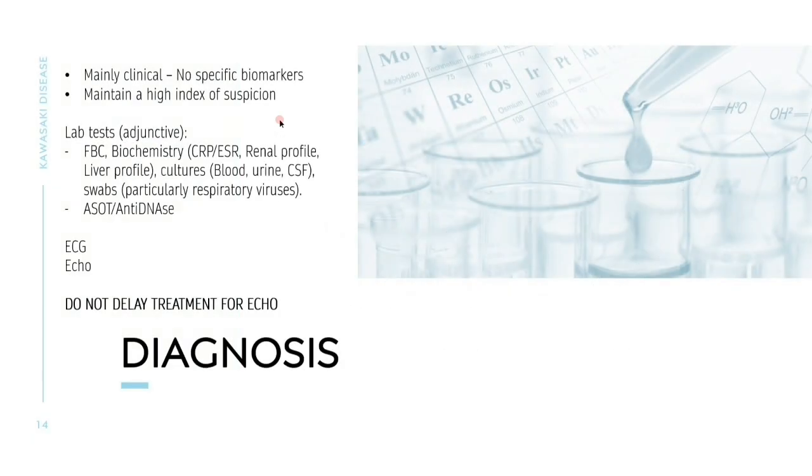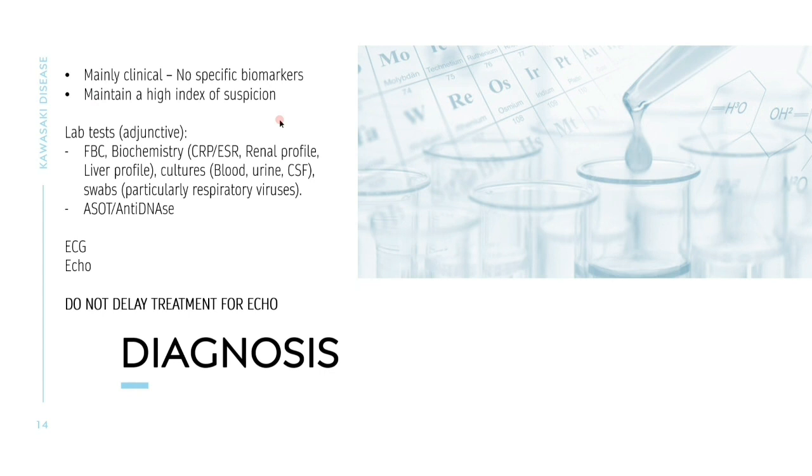All right, so moving on to how to diagnose. Unfortunately, again, it's mainly clinical, so there's no specific biomarker, but it's very important to maintain a high index of suspicion based on all what we said before. The lab tests can be adjunctive and very useful. In a child presenting with fever, especially if it's prolonged, you will do the very routine workup.